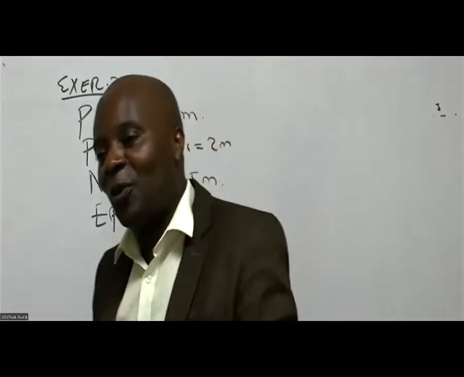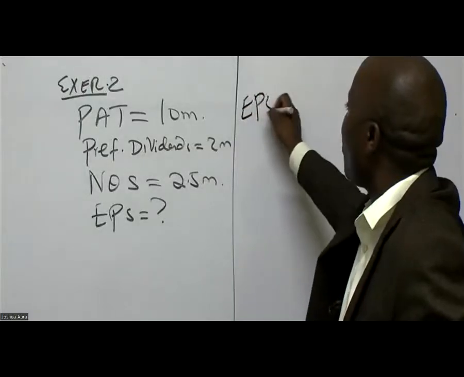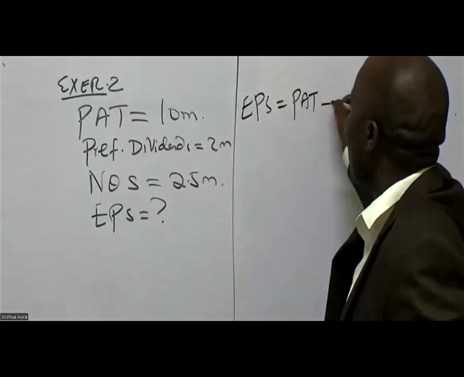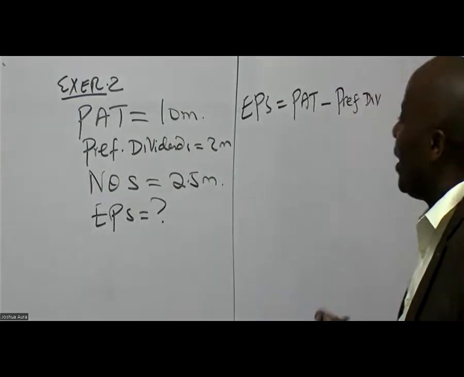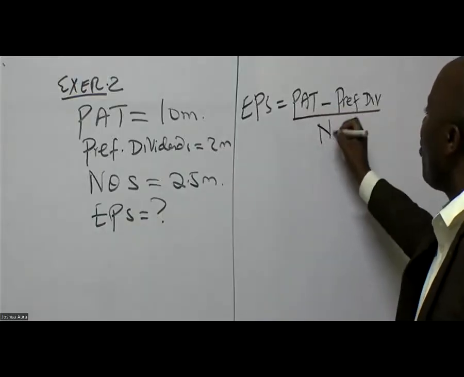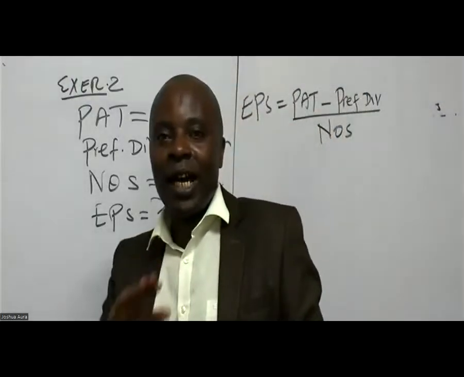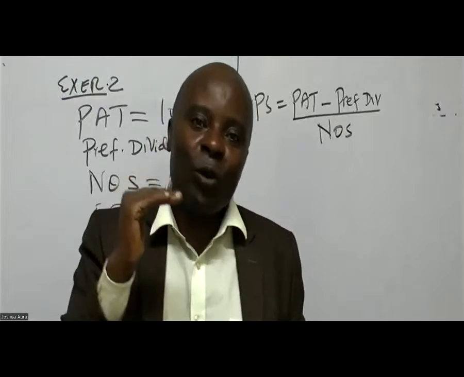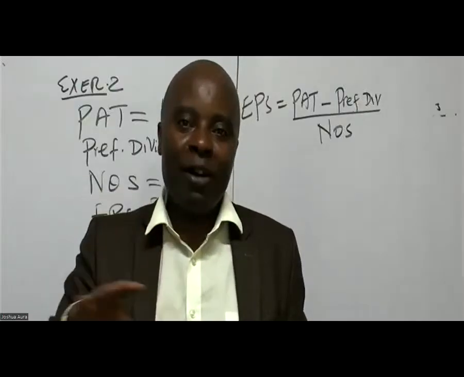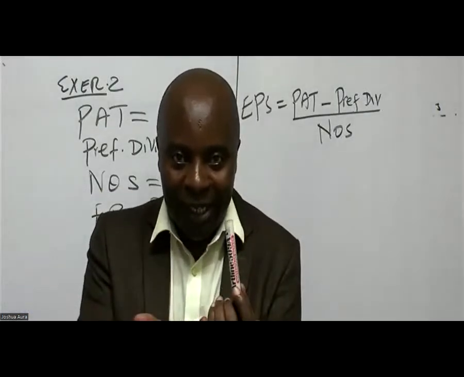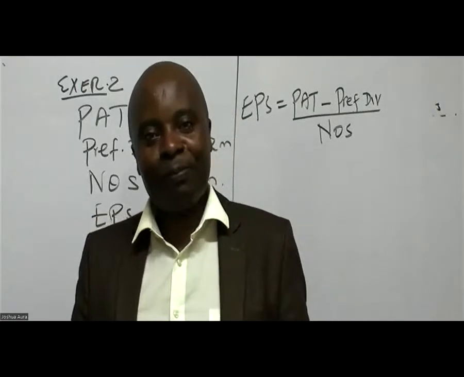So to get EPS, take profit after tax minus preference dividend, and then divide this by the number of ordinary shares. Whatever is left after appropriating preference dividends is the profit attributable to ordinary shareholders.